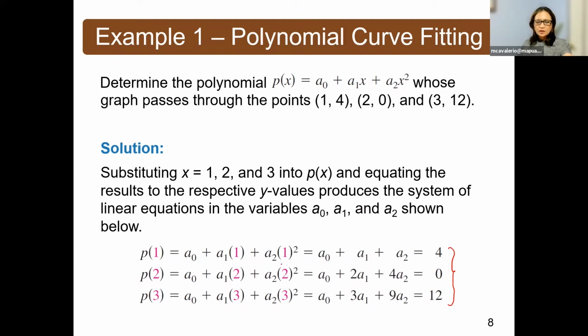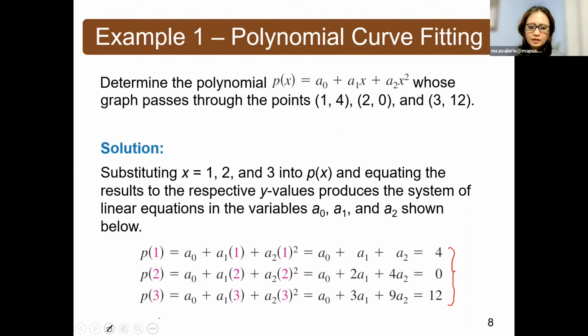So again, you can simply form the augmented matrix. Do we have that one in the next slide? Let us see. So if we are going to find the augmented matrix, what do we have?